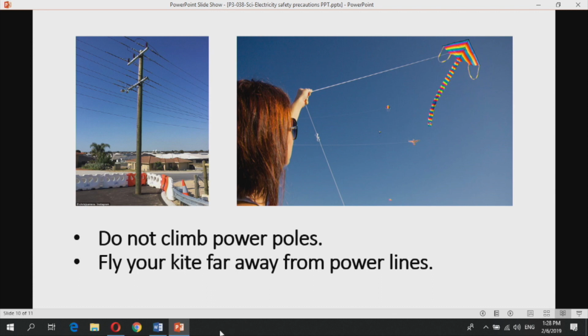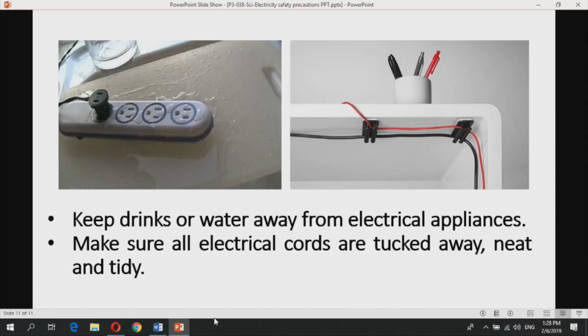And finally, keep drinks or water away from electrical appliances. Yes, you can see here, this plug and socket is wet. Very, very dangerous. Somebody's got a glass of water and it's spilt.